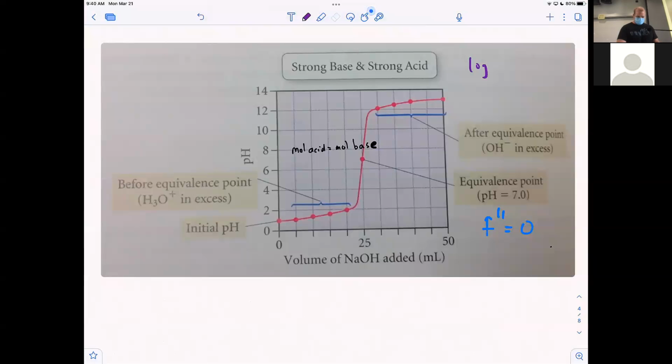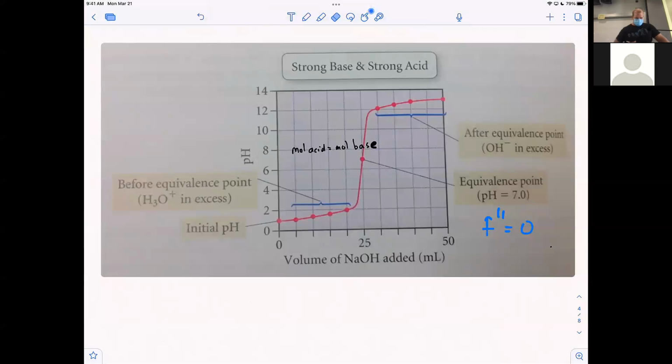So this is a log plot. Which is also weird, right? We have words in science and words in common vernacular, and sometimes they mean the same things and oftentimes they don't. Logistics means something different in a math context versus colloquial common speech. But this is a logistics plot for a strong base and a strong acid.